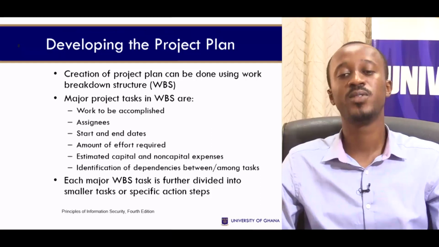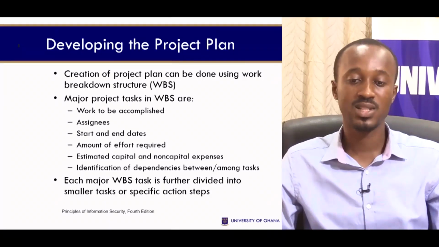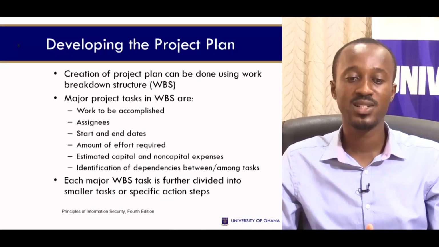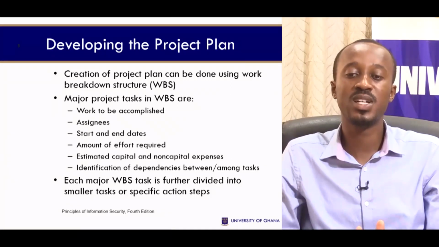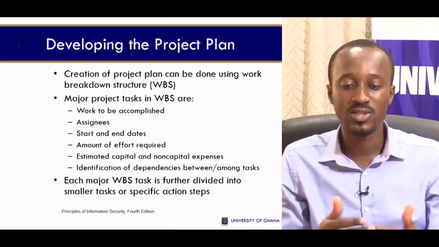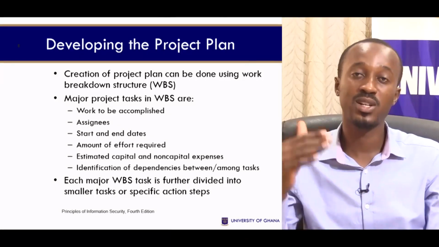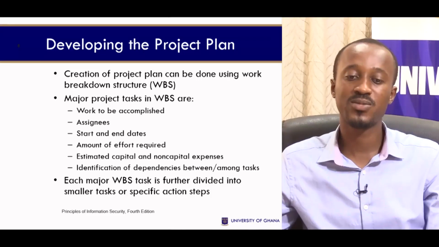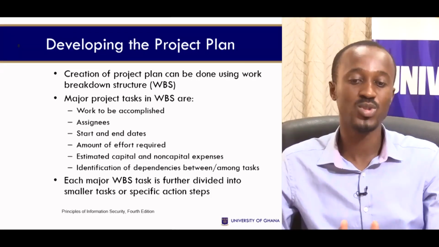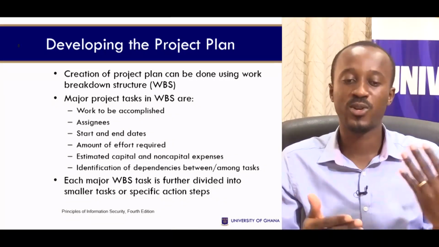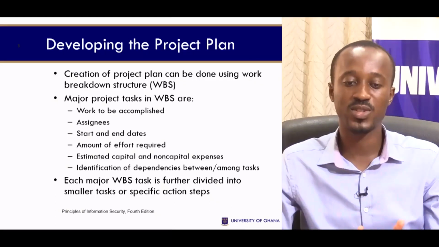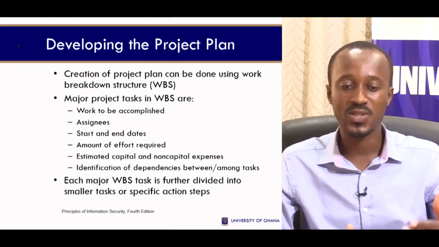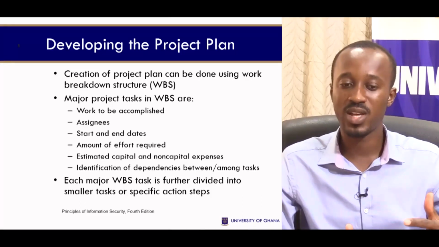So we'll take a look at developing the project plan. Just like in most well-planned projects, the creation of the project plan can be done using a work breakdown structure, the WBS, just like in regular project management. The major project tasks for the work breakdown structure usually are the work to be accomplished, as stated on the screen. You make all your assignments, you have all your dates fixed, you can use Gantt charts for that.